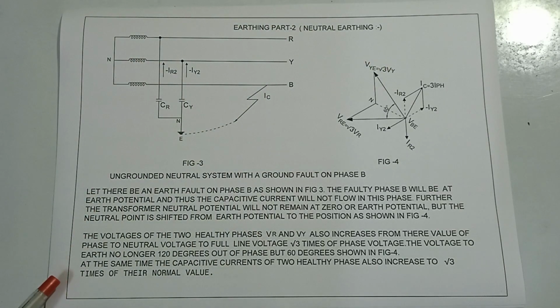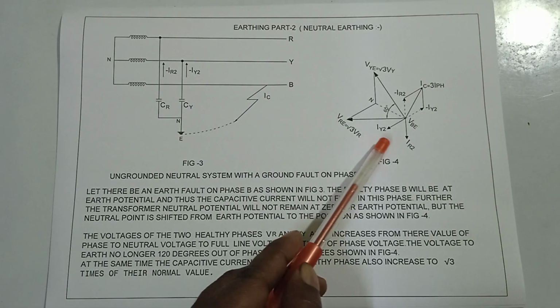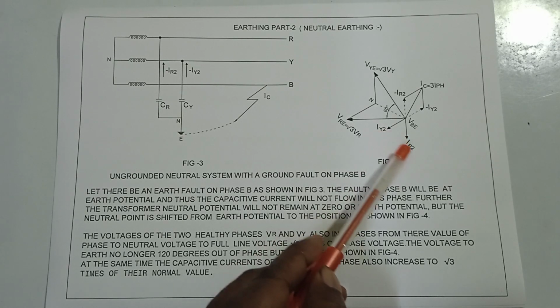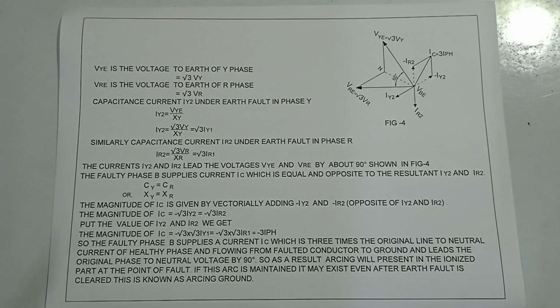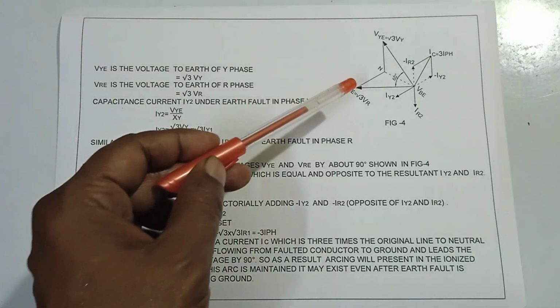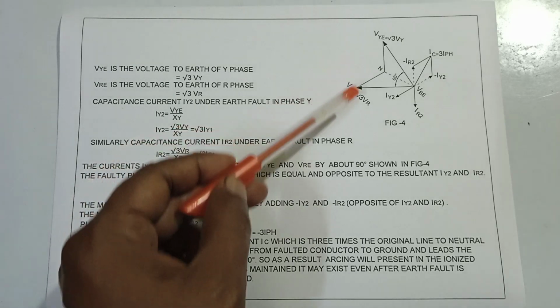At the same time, the capacitive currents of the two healthy phases, IY2 and IR2, also increase to root 3 times their normal value. Okay, next.